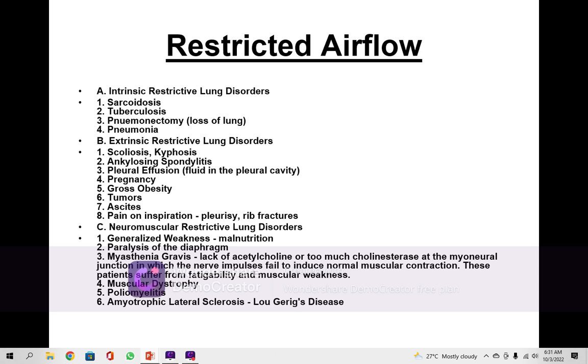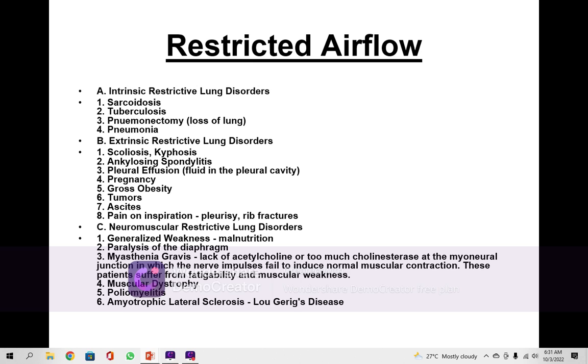Restricted flow is seen in parenchymal disease, interstitial lung diseases, and a lot of diseases, along with diseases in which the muscles are involved. The musculoskeletal system participates, and the main muscle of inspiration is the diaphragm. The list is very, very long.